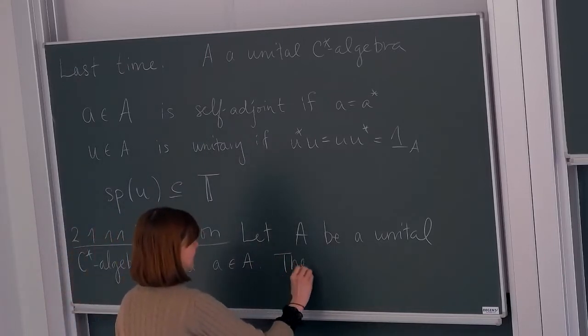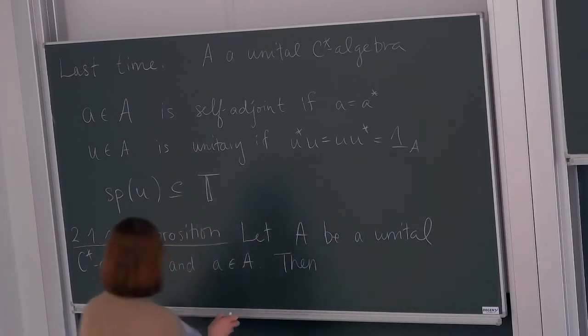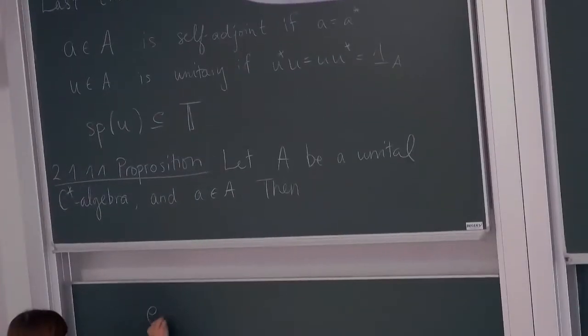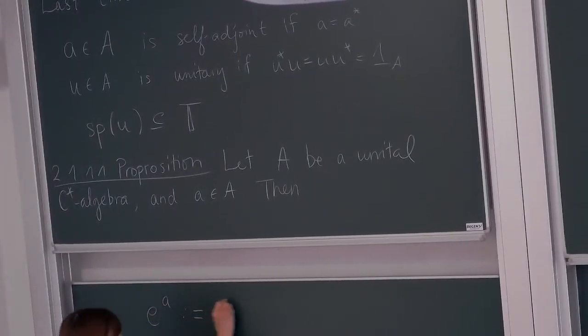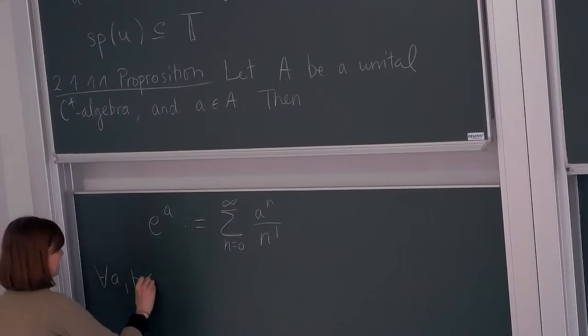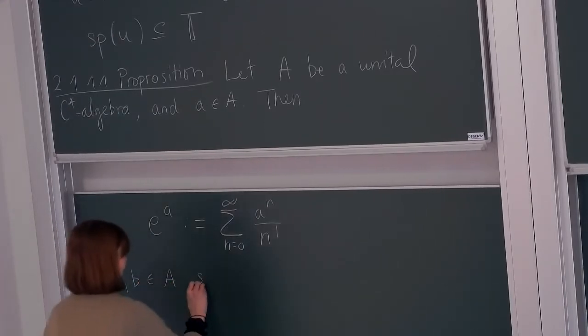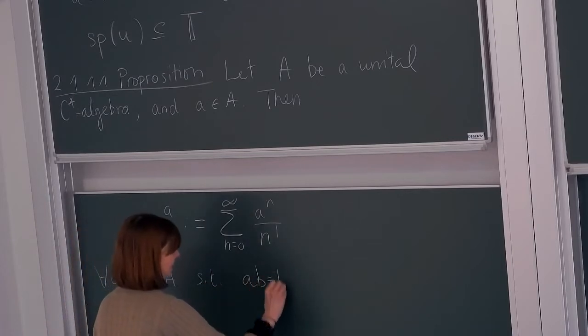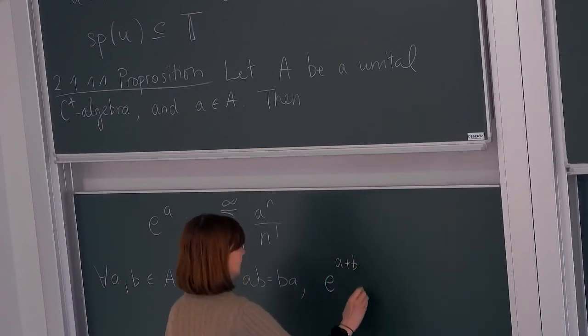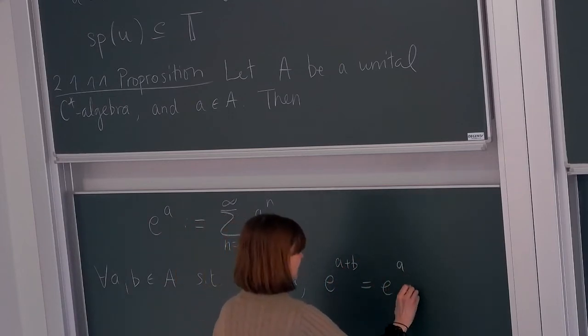Then we can define an element e to the A as the infinite sum of A to the n over n factorial, and for every A, B in the algebra that commute, we have that e to the A plus B is the same as e to the A times e to the B.